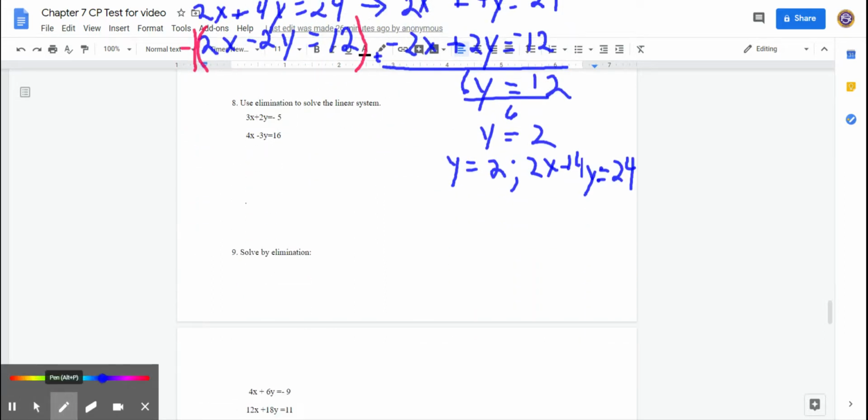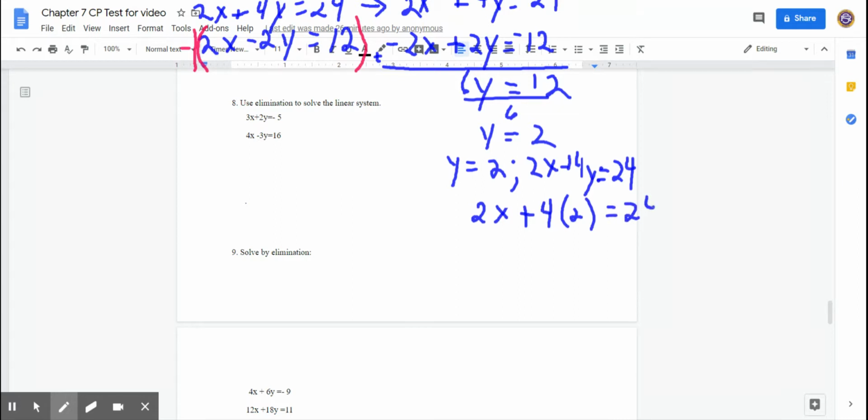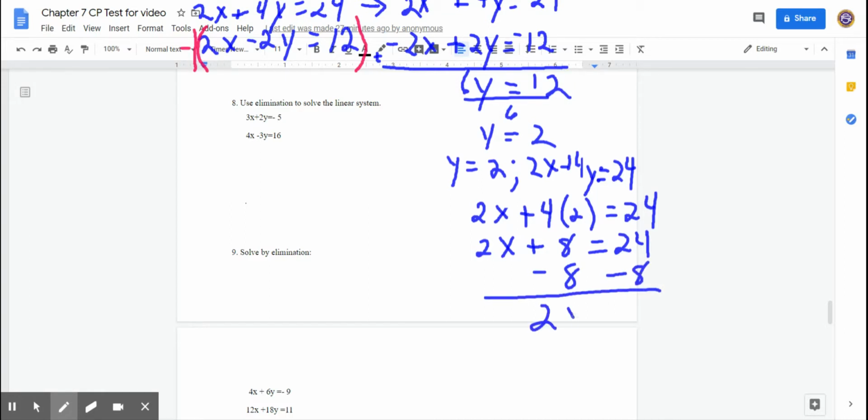So when I substitute in, I get 2x plus 4 times 2 equals 24. 2x plus 8 equals 24. Subtract 8 from both sides, and 2x equals 16. Divide by 2, and x equals 8.